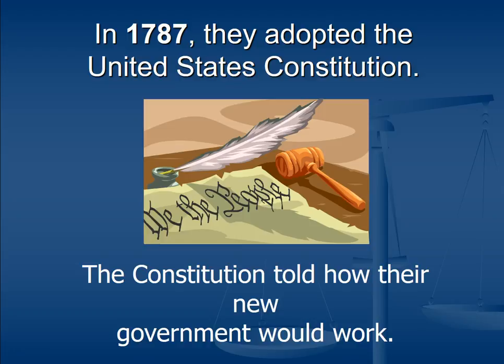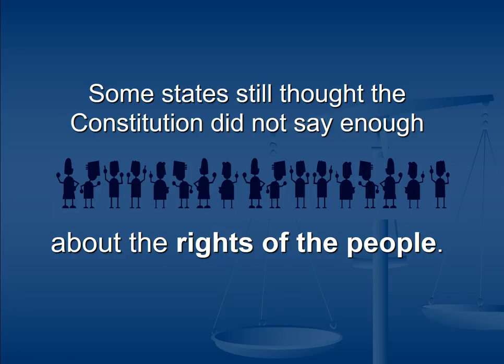The Constitution told how their new government was basically going to work. Though the Constitution is there, some states thought that the Constitution didn't say enough, and specifically enough, about the rights of people. So there are those that think that there should be more.